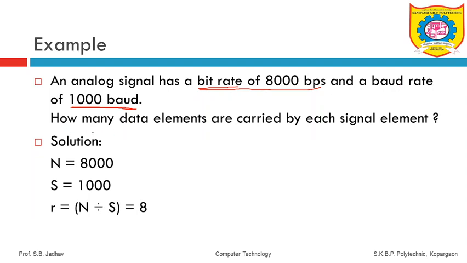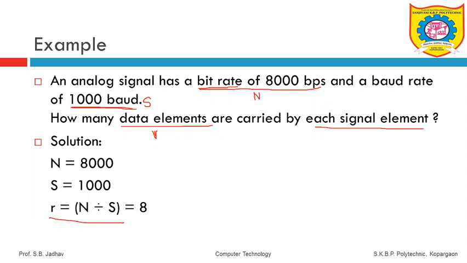So what is to be calculated? How many data elements are carried by each signal element? The bit rate N is known, the baud rate S is known, and we know the relation between S, N and R. So R we need to calculate.